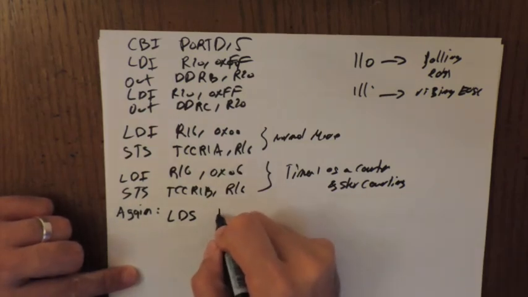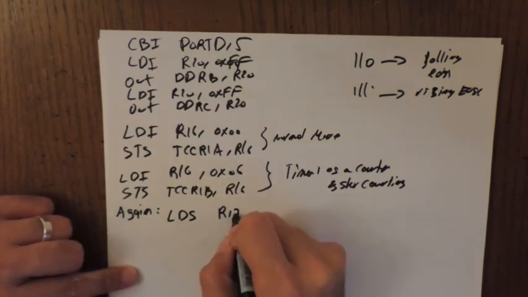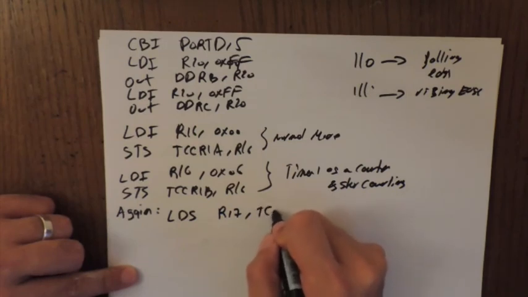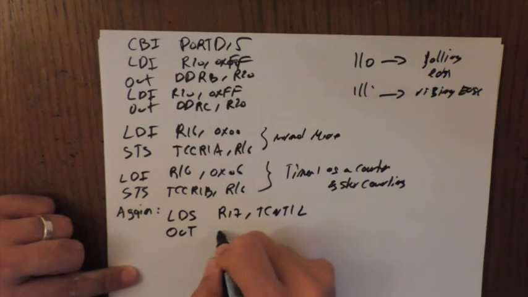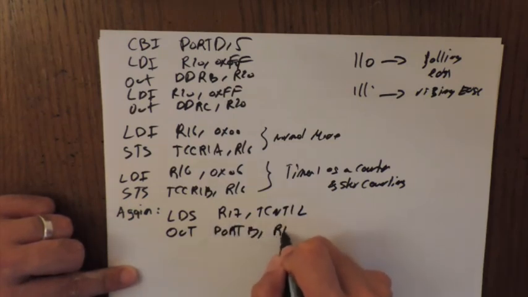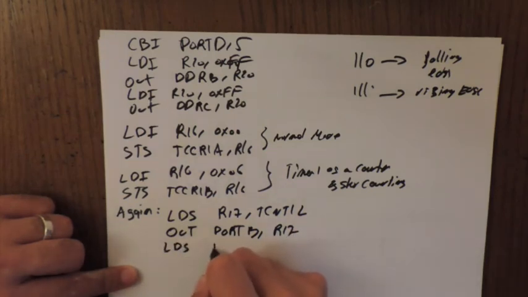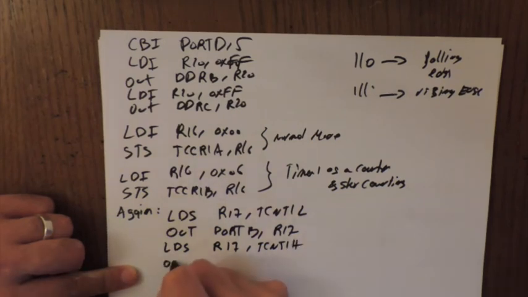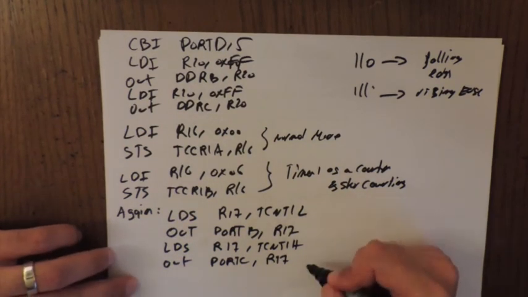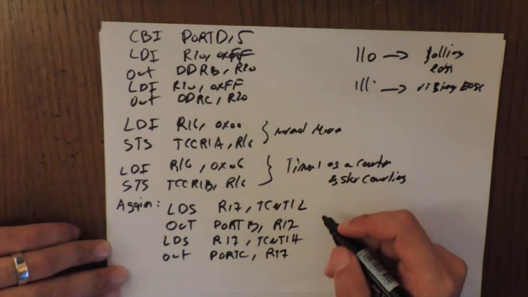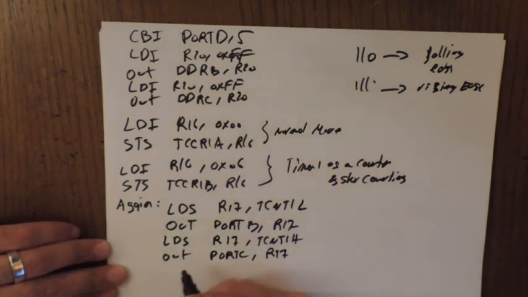So I'm going to load into R17 timer counter 1 low and place it on port B, and I'm going to read from timer counter 1 high and place it on port C, also using R17. So here I'm placing the low byte and the high byte.